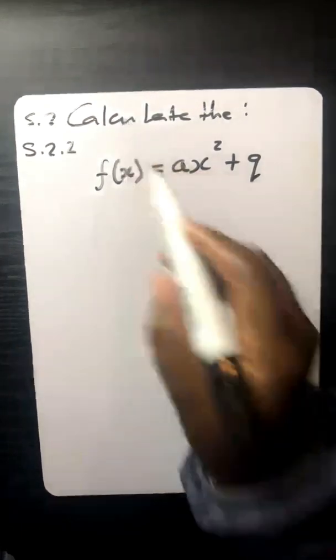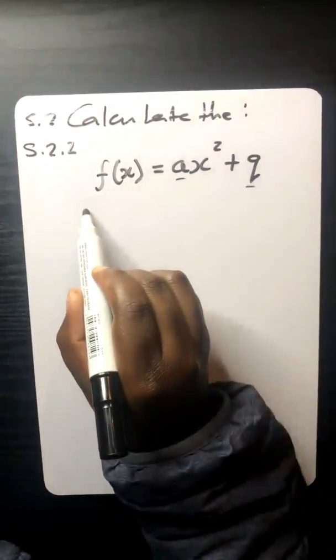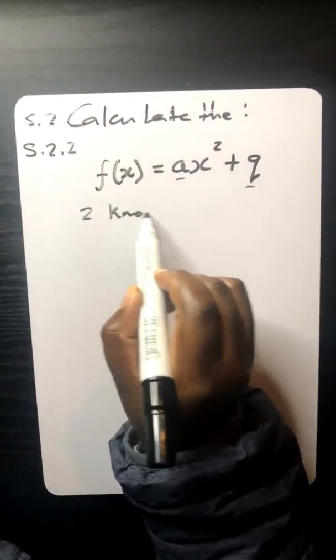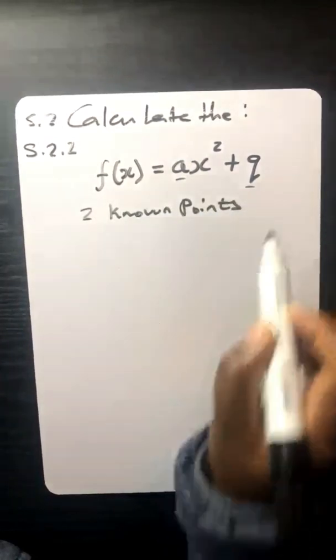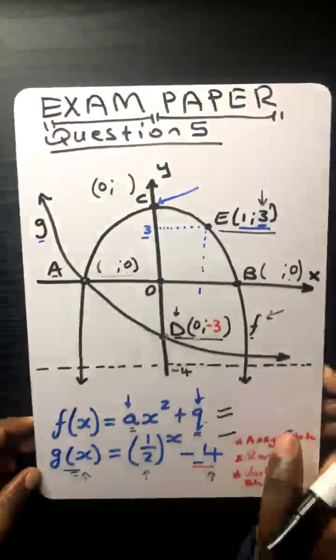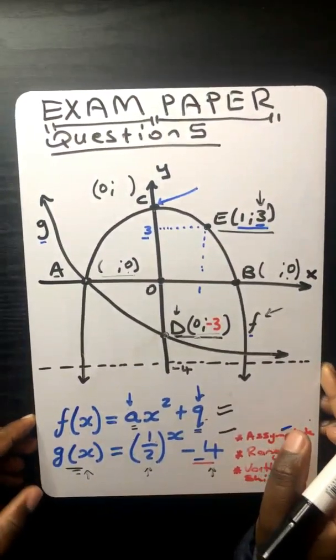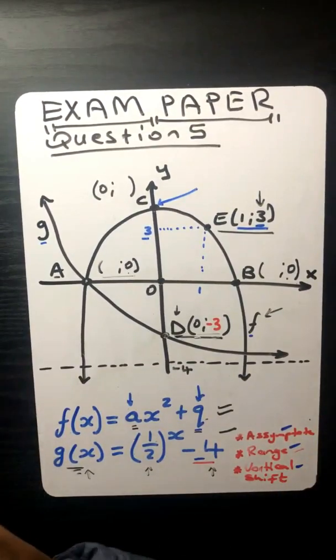Remember, guys, normally when you need this type of information, you must have two known points. Are there 2 points that we know, ladies and gentlemen, which lie along the curve?